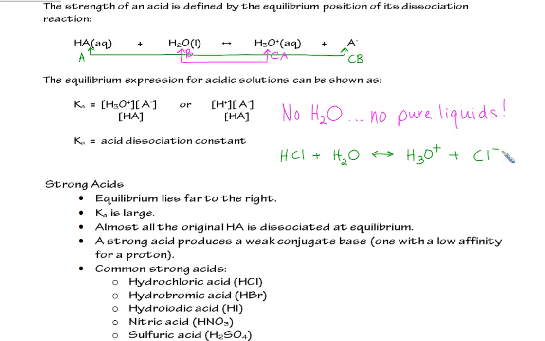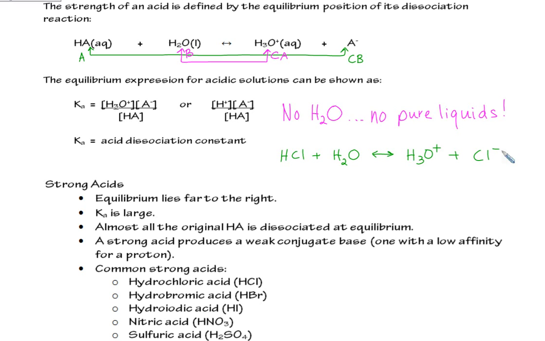H3O is called the hydronium ion. It's basically just a hydrogen attached to a water molecule, which, these are all solutions. So if HCl donates a hydrogen, you've got this little positive hydrogen swimming around in the water, and last I checked, the oxygen end of a water molecule is negative.